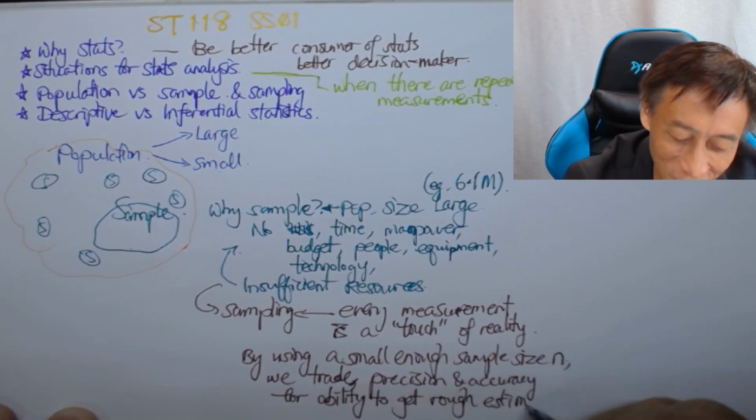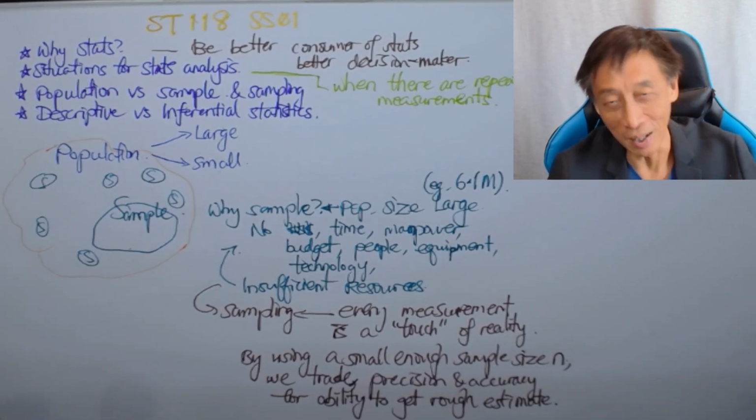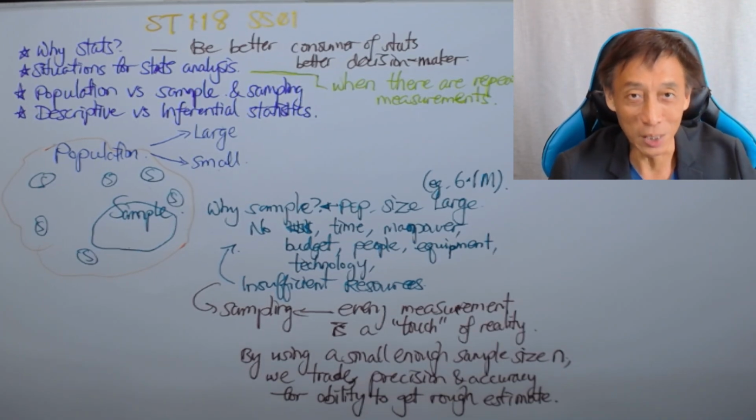Rough, okay? A probabilistically rough estimate. Okay, I'll explain that a little bit.